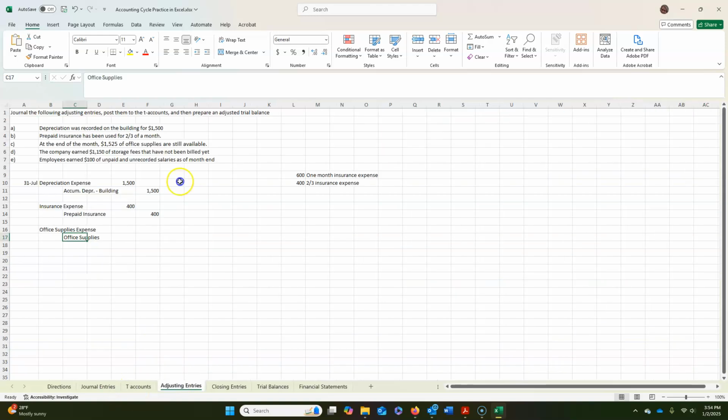So we did look, and of that 2,400, 1,525 are left. So we're going to take 2,400 minus 1,525 that's left. And it says we used $875 worth. So our office supplies expense is $875.